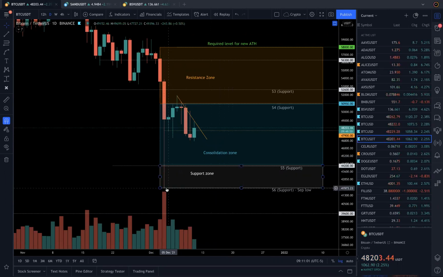So we have different cases. We'll look into two different cases today to showcase how the major correction ended. History doesn't repeat, the structure isn't necessarily the same, but it'll give you some idea of what happened in March 2020 and what happened during the May to July drop, which was around 50-55% from the top, right?